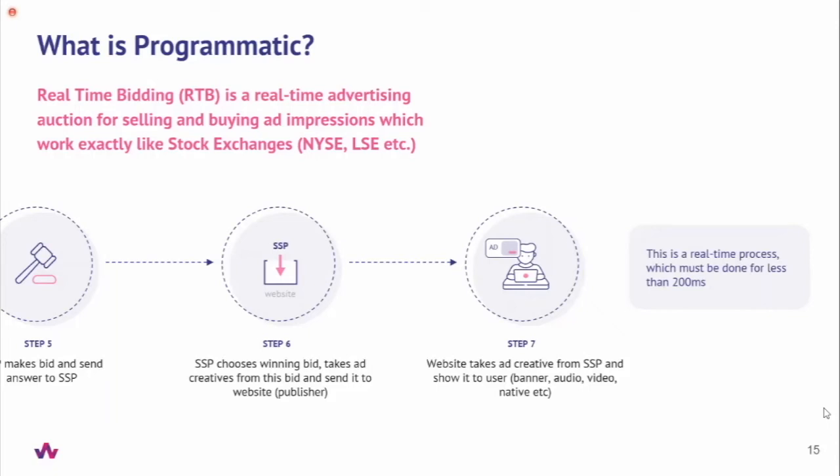So all these online advertising auctions must be done in less than 200 milliseconds. And all this is done in real time by DSP platforms, SSP platforms, and DMP platforms. So if you get a lot of inventory, for example billions of ad impressions per month, you need to run a lot of auctions per second.